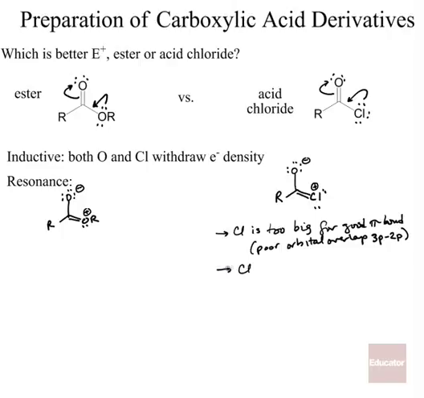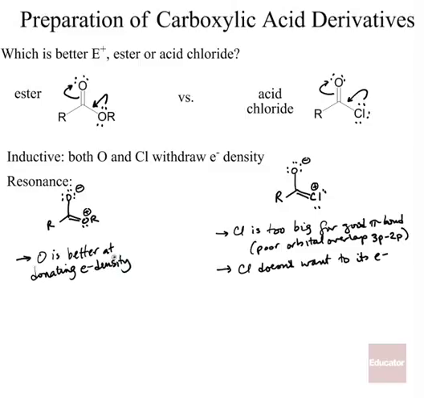So we could also describe that as saying that chlorine doesn't want to share or is not capable of sharing its electrons, its lone pairs. And so oxygen, compared to chlorine, is actually better at donating its electron density because it's matched better with the carbon size. The oxygen is better at donating its electron density.